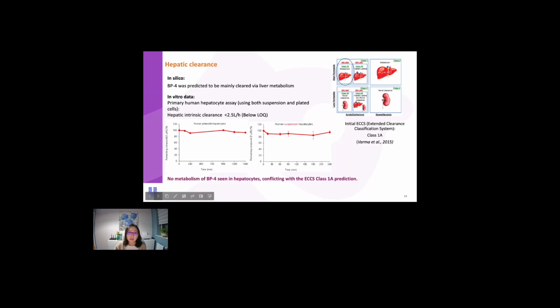However, some in vitro data that we have generated using primary human hepatocytes, in both suspension and plateable formats, have shown that BP4 was not metabolized in those hepatocytes, which is basically conflicting with this ECCS classification we have predicted. And next one. So we really need to figure out what's happening here.